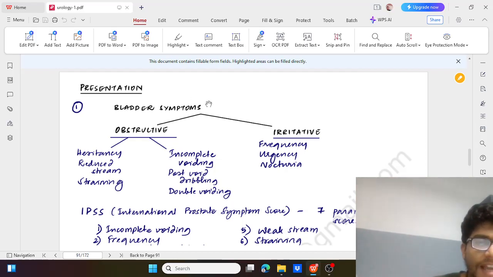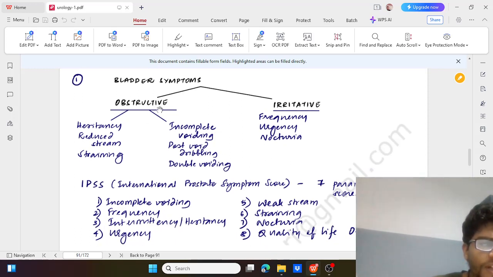These LUTS can be divided into two groups: obstructive LUTS and irritative LUTS. Irritative LUTS are frequency, urgency and nocturia. As given in the question, the patient had nocturia and frequency of urine, so these are irritative symptoms.